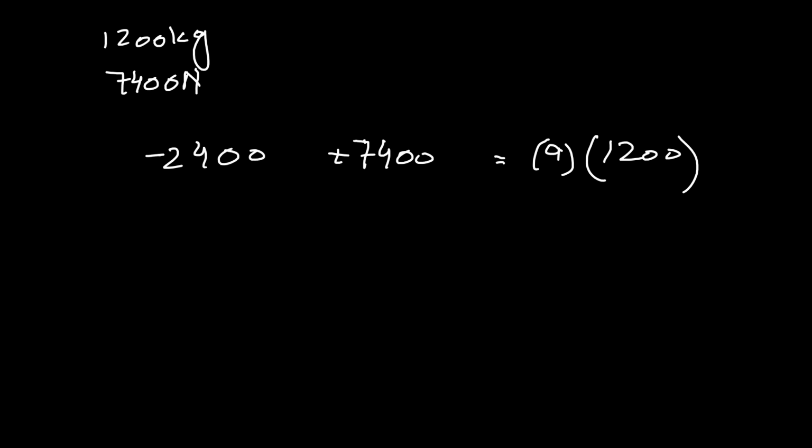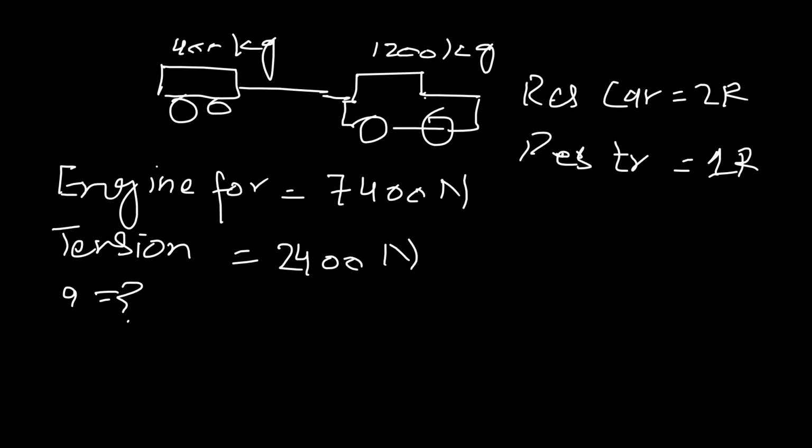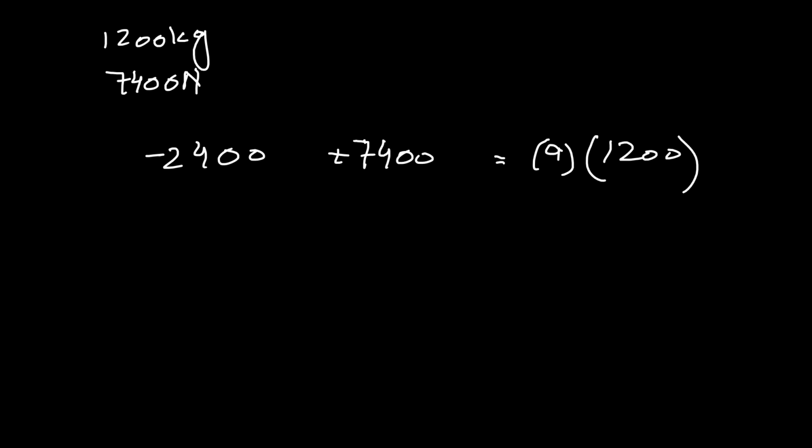So this is the equation of force. When we balance out all the forces on the car, this is the equation. If we simplify this equation, we can very easily get the value of A. One more thing I forgot about: there is also a negative resistance force on the car, which is minus 2R.